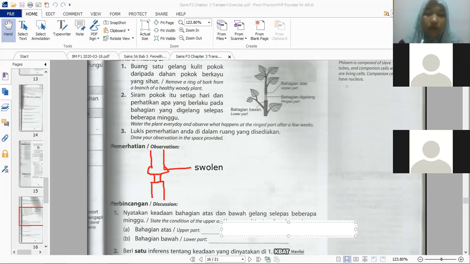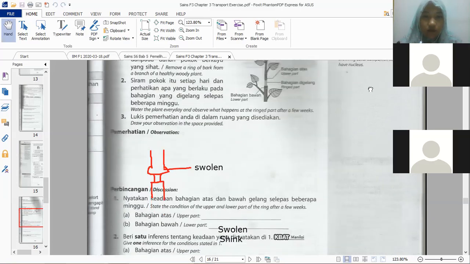If the upper part is swollen, then for the down part you can say that it shrinks. It will not be normal, it will shrink, it becomes a little smaller. So for inference, number 2, what inference can you say here? Do your observation.